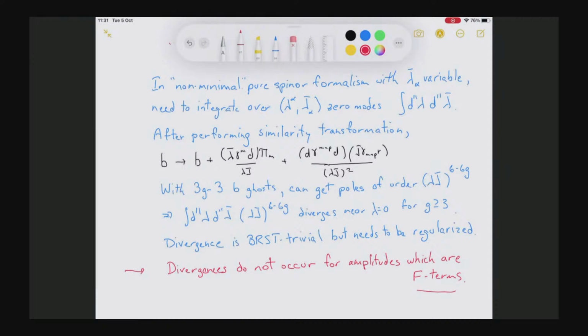I'm not claiming that I will resolve the subtlety, since there will always be the subtlety in RNS about the space being non-split. But at least you may be able to understand this equivalence in a different language, in which it comes from these poles when lambda lambda bar goes to 0. That's the hope. I don't know if I answered your question.